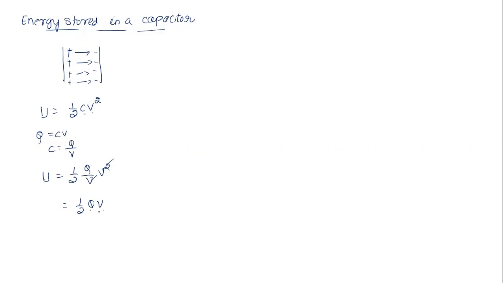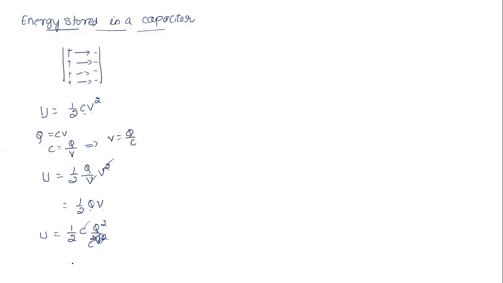Can we write it in terms of C and Q? Of course we can. I need to replace V. From one more equation, V equal to Q by C. Now it becomes half C, and in the place of V square, I'll write Q square by C square.